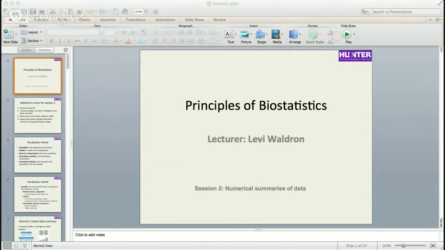It's not about inference or testing hypotheses. Instead, it's just about describing your data and taking what was maybe a huge spreadsheet of numbers and boiling it down so you can understand it a little bit better. So I will go quickly over the stuff that we did last class and get into these few other things.